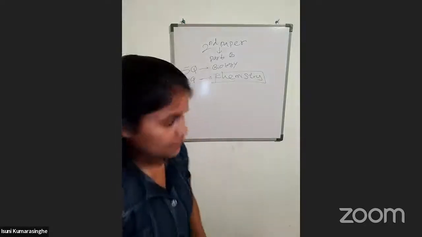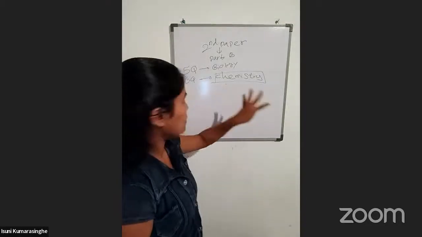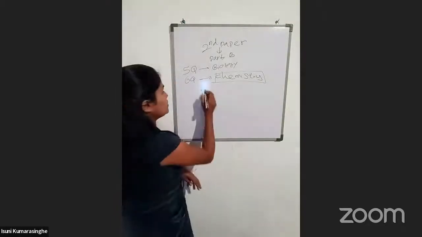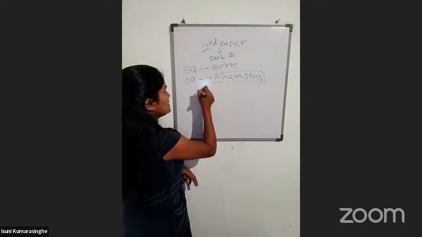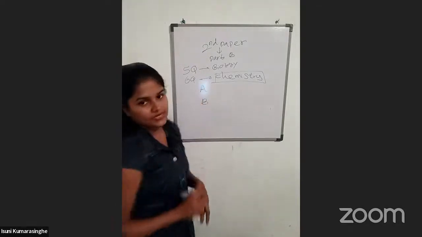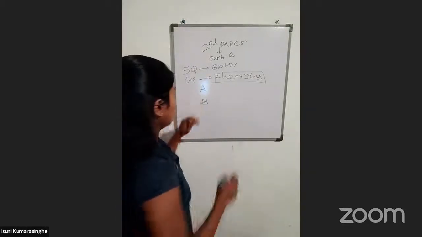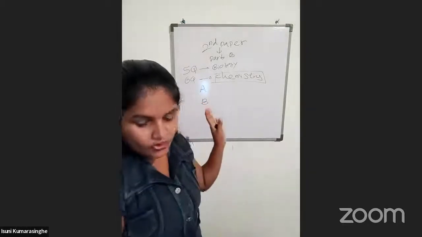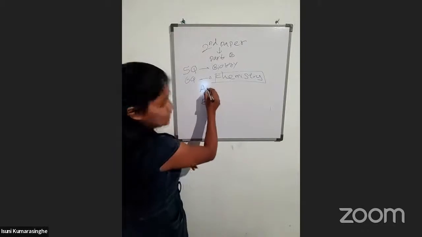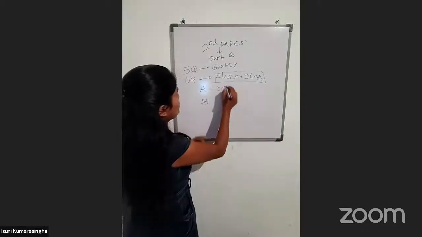Okay. Then in the chemistry part, here also, these questions are divided into two parts, A and B. Part A normally comes from the chemical calculation.